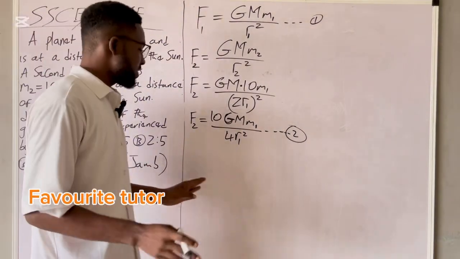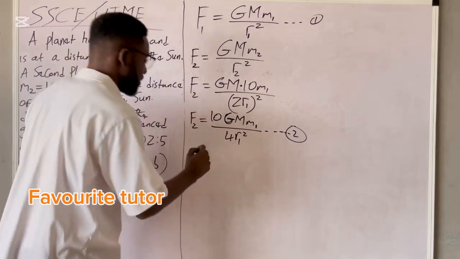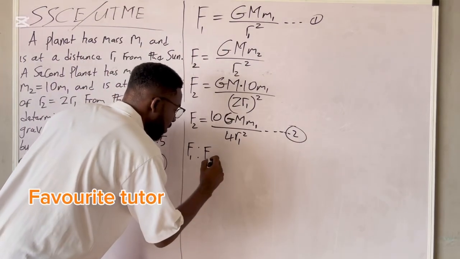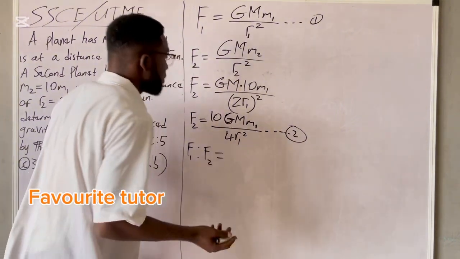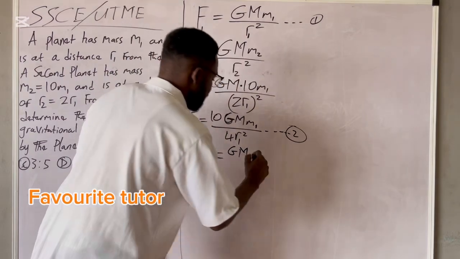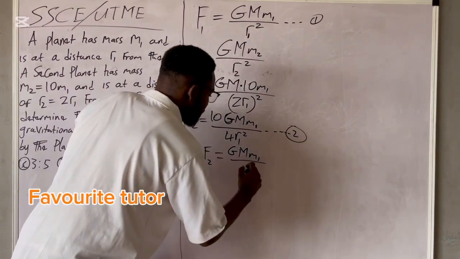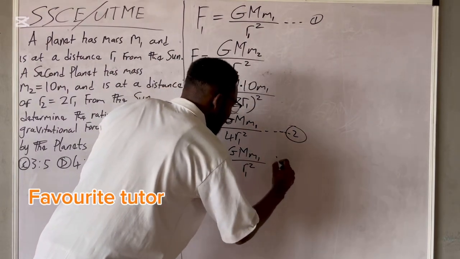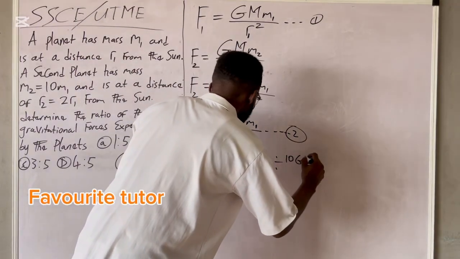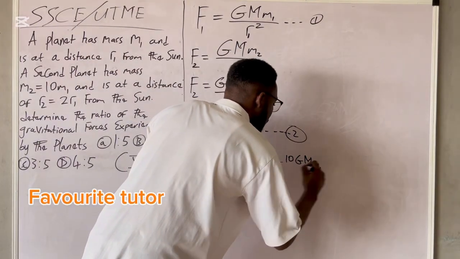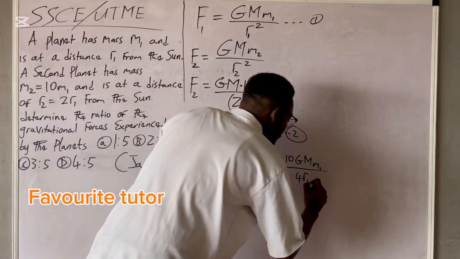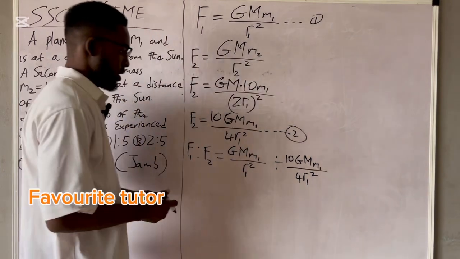Okay, we are taking the ratio. To take a ratio is very simple. You just do the division. Ratio of the first planet to the second one will be equal to G m1 over r1 squared, divided by the second one, which is 10 G m1 over 4 r1 squared.